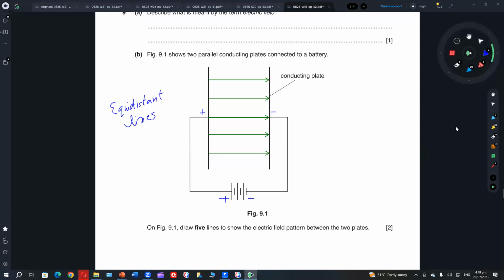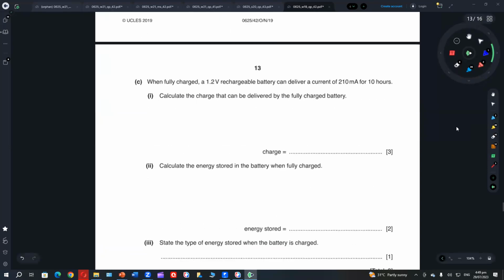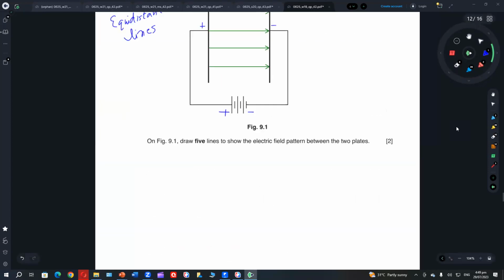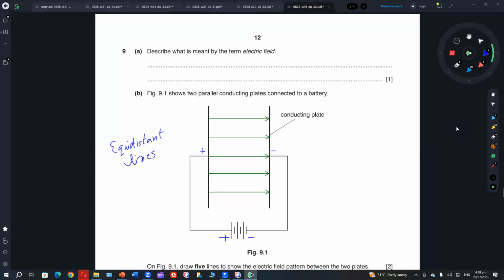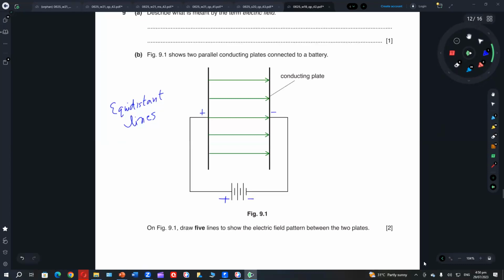Lines should be equidistant. Now he shifts to another question. Part C is not our chapter, he's shifting to another part. Can you look for a new question from the book, Hamad?